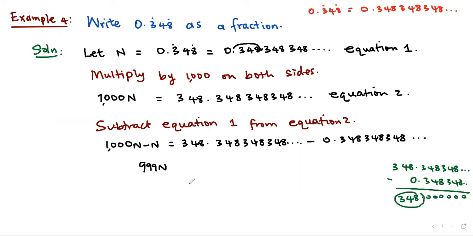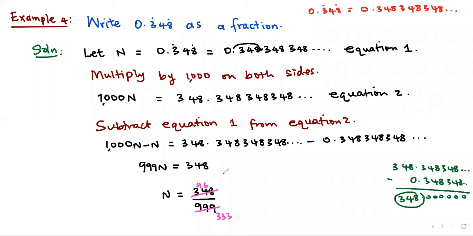So we are getting 999n is equal to 348, and it means that n is equal to 348 out of 999. If we write this in simplest form, we divide by 3 to get 333 on the bottom, and when we divide 348 by 3, we get 116.